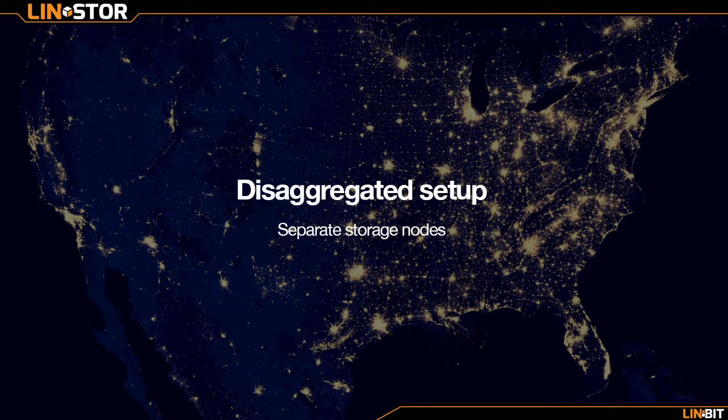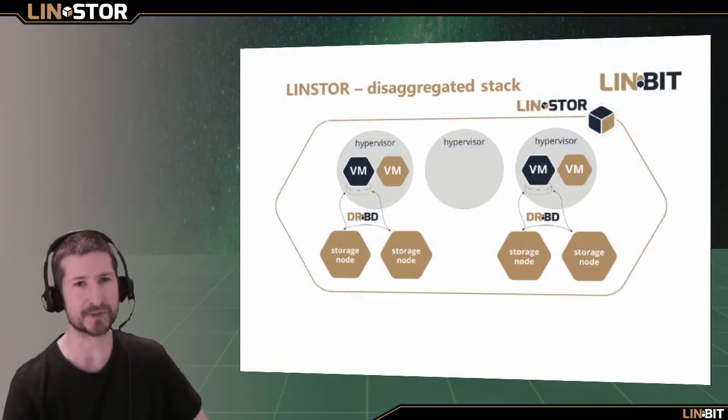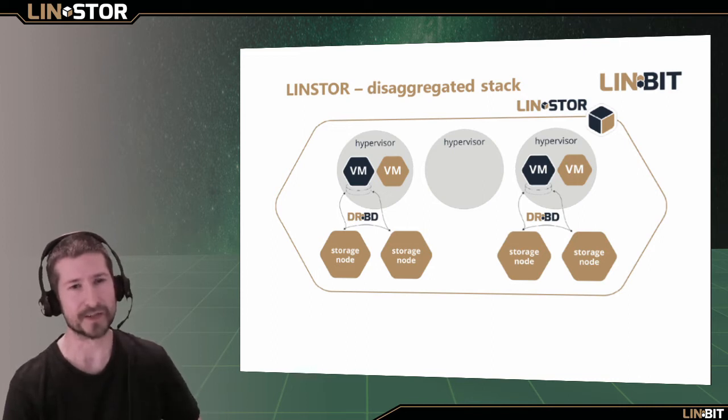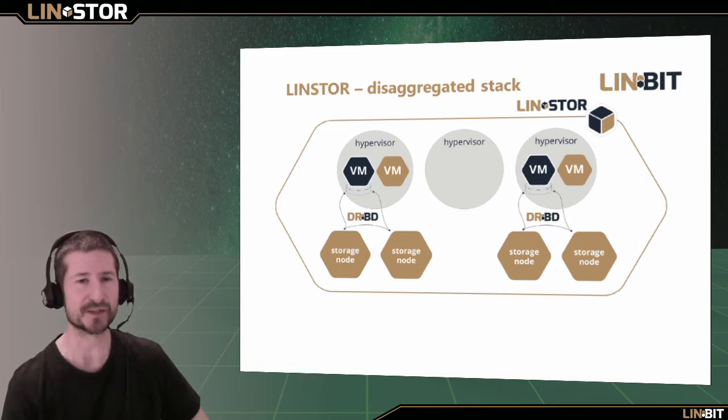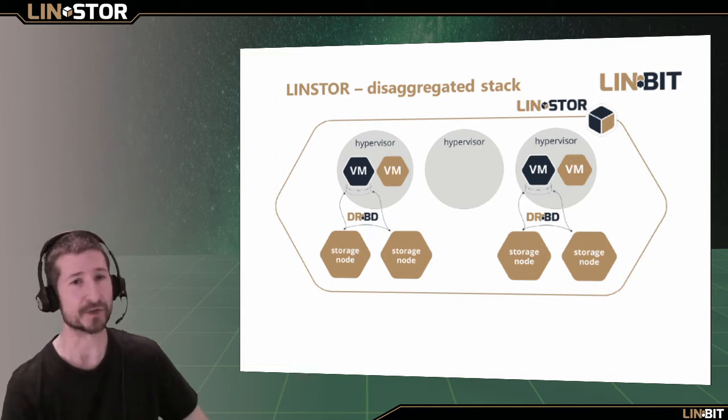If you have a setup with separate storage nodes, then LINSTOR can use DRBD to provide access to remote storage. That's what we call a DRBD client, and you'll hear a bit more about that later in this presentation. It works just like a normal DRBD volume, but it does not have any local backing storage.